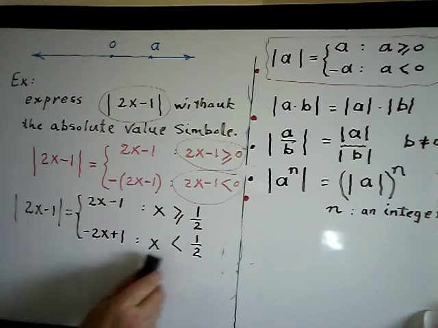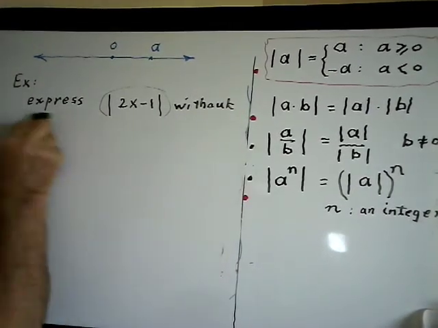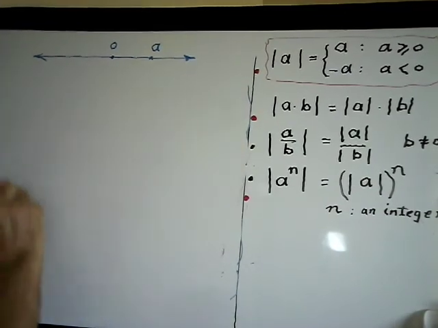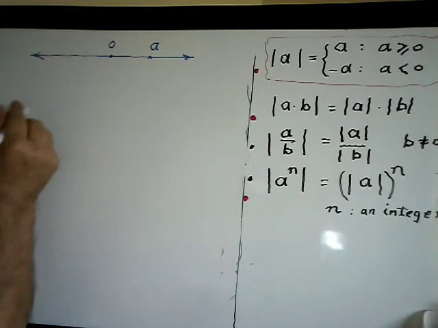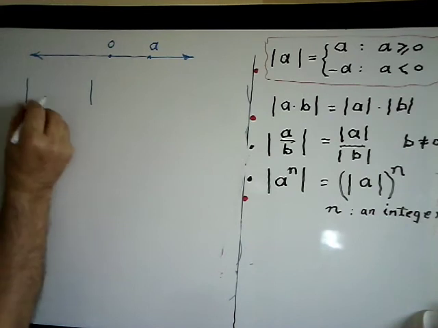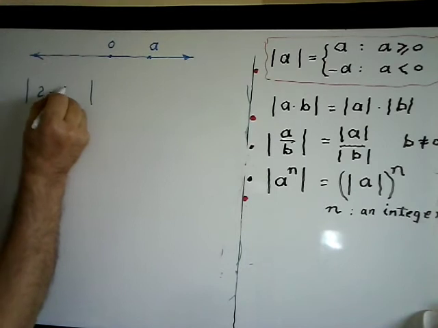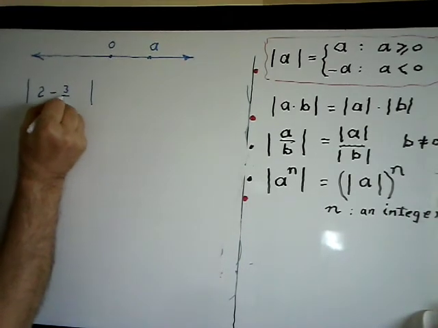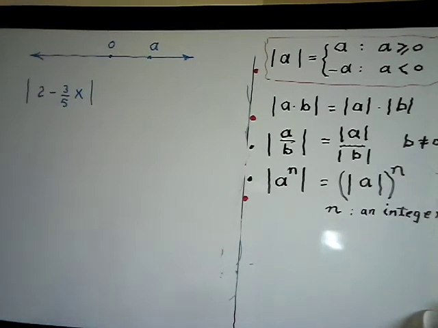Let us see another example. Express the quantity of absolute value 2 minus 3/5x without using the expression of absolute value.